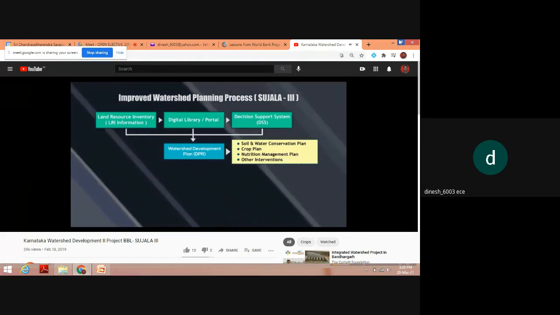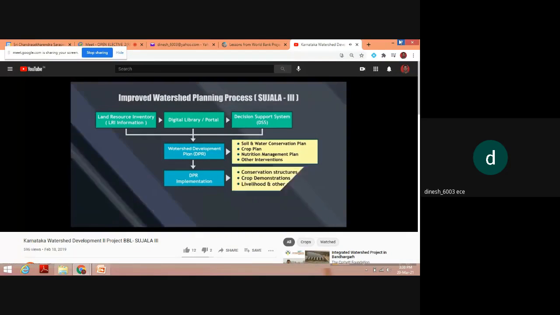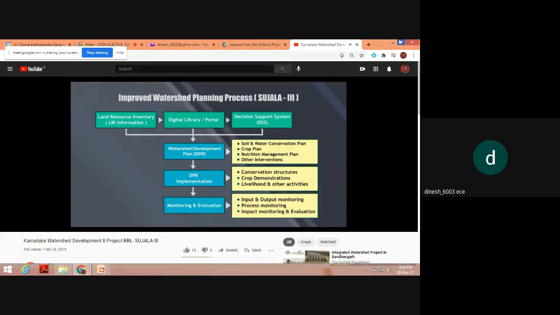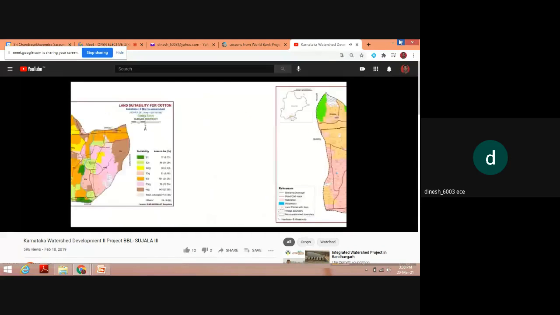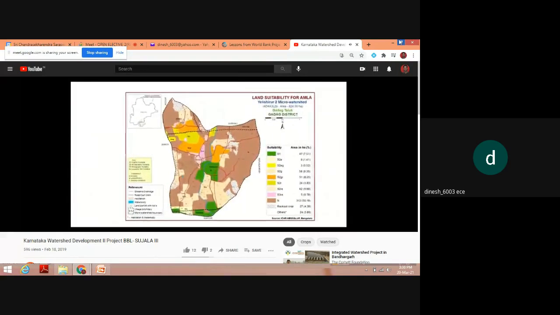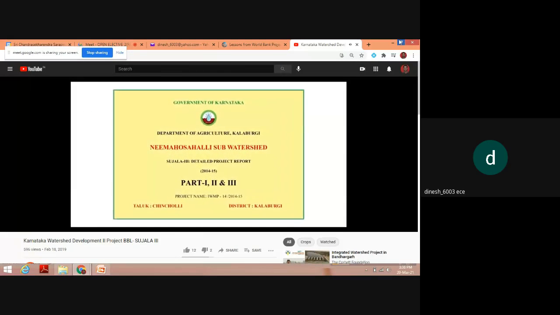As for Sujana, the DPR is prepared by using the LRI information and advisories available from reports, atlas, digital library, portal, and DSS. The DPR provides survey number-wise conservation plan, crop plan, nutrient management plan, and other interventions required for the integrated development of soil, water, and other resources at the watershed level.